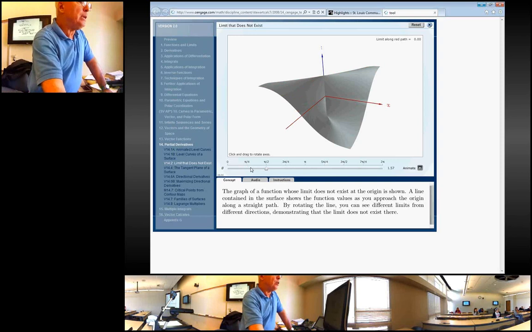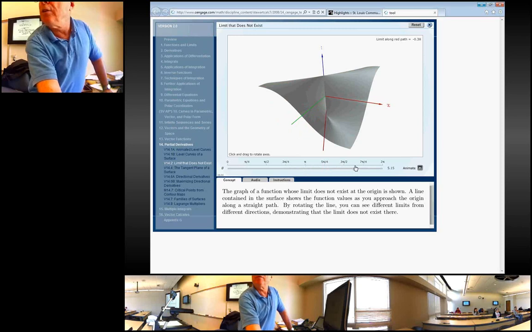We go to 3 pi over 4, it's negative 0.5, and then for pi, I think it's back to 0 again. Then 5 pi over 4, it's back to 1/2. And then in between, it goes through all these other different values for limits.